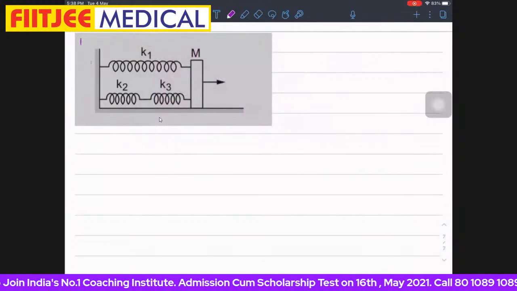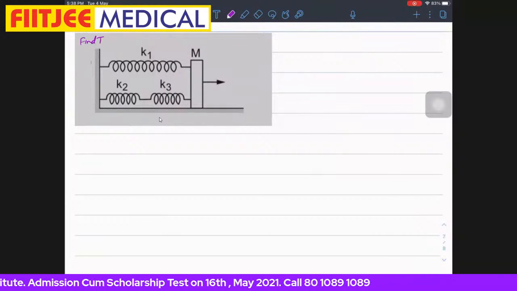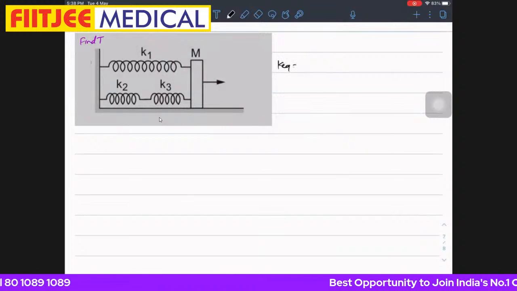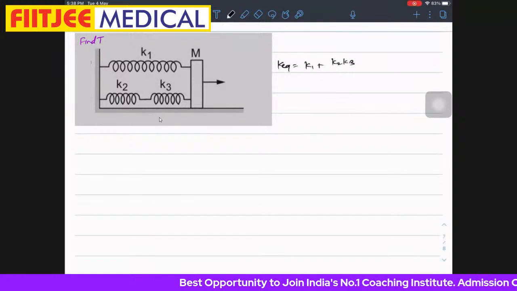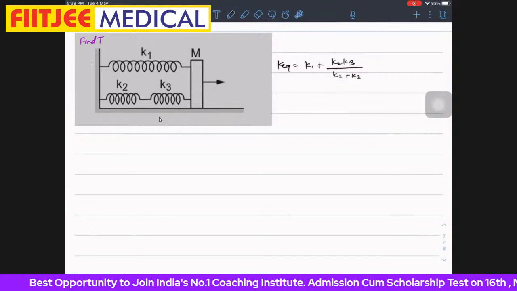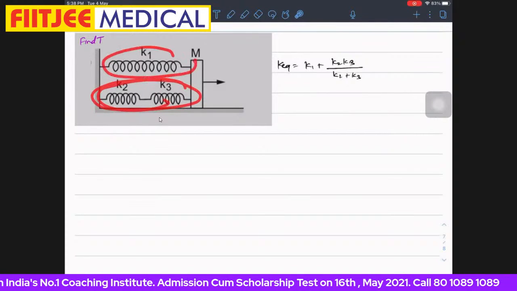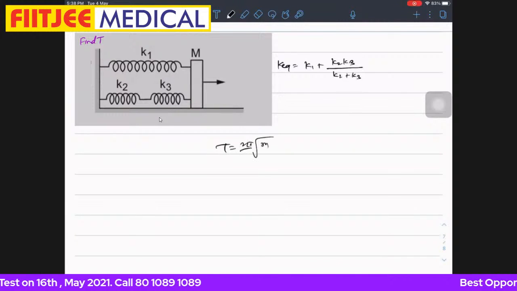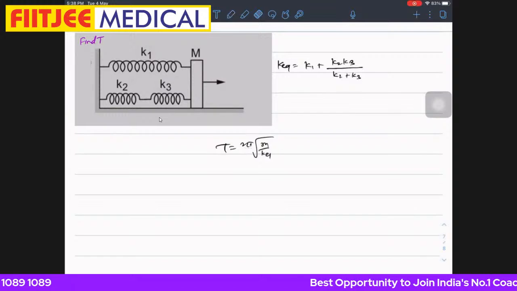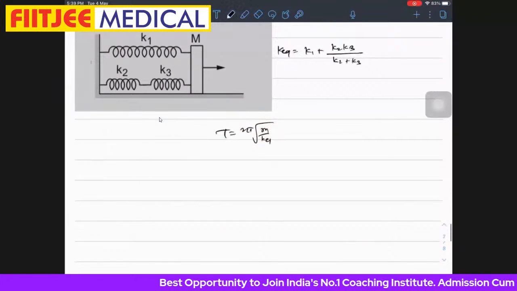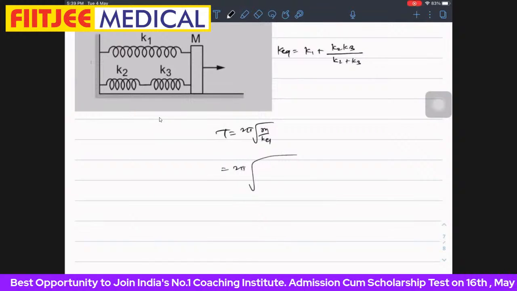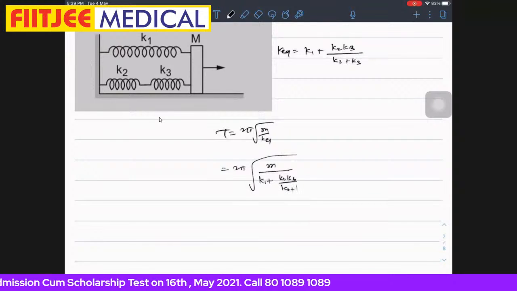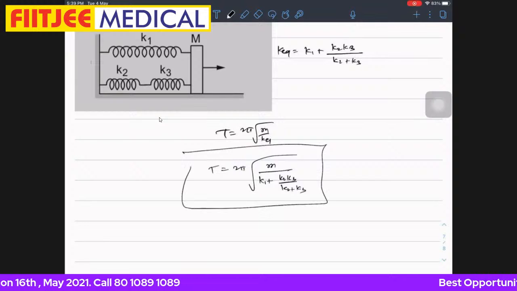Find T. Here, K2 and K3 are in series, so K equivalent if I write, it will come as K1 plus K2 K3 by K2 plus K3. These two are in series and they are in parallel with K1. So that's how I got this. So the time period will be 2 pi root under m divided by K1 plus K2 K3 by K2 plus K3. So this is how we are supposed to approach the problem.